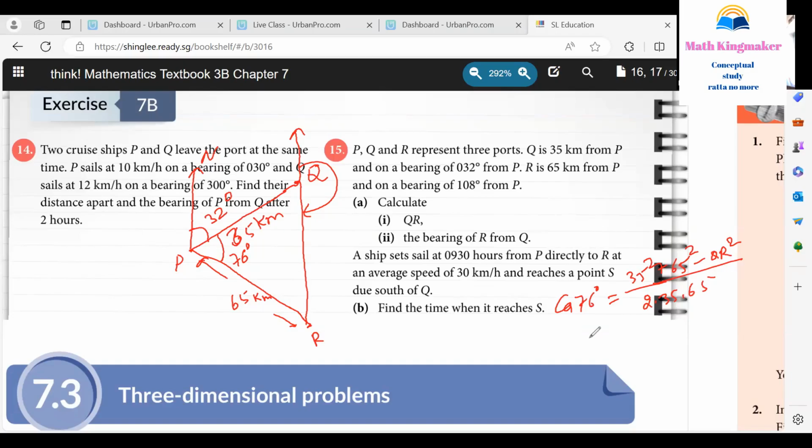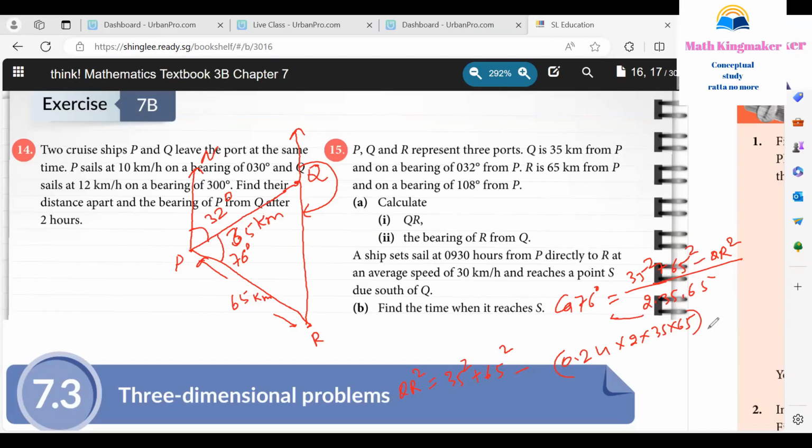Okay, 0.24. So we'll multiply this by 2 into 35 into 65, and take that QR here. QR square will be equal to 35 square plus 65 square minus this much.